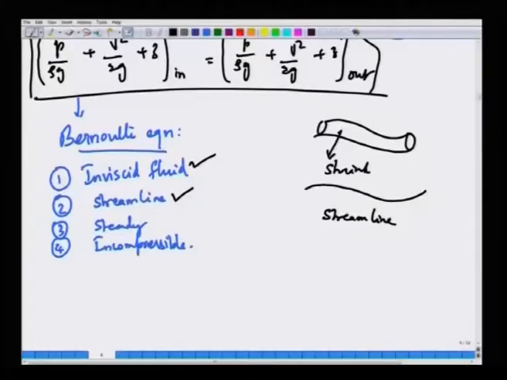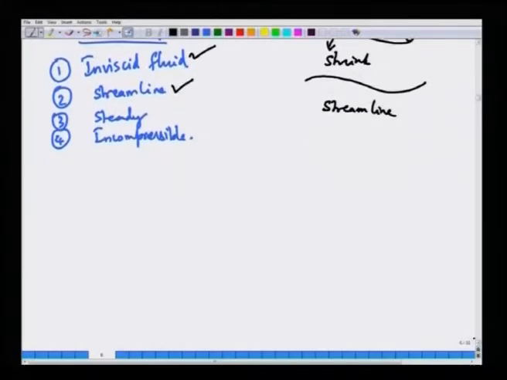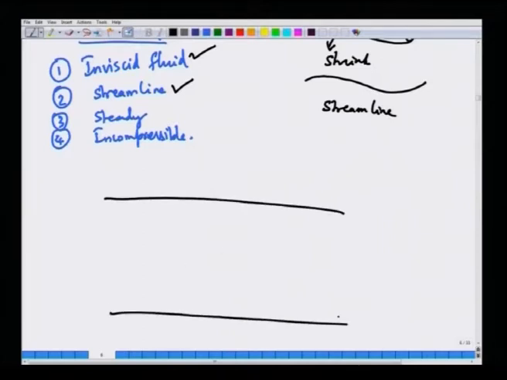So, we can ask the question, when can the Bernoulli equation be valid? Suppose you have a flow past an airplane model, a tiny model airplane. Let us say the airplane is stationary and flow is coming like this, very close to the solid surfaces.